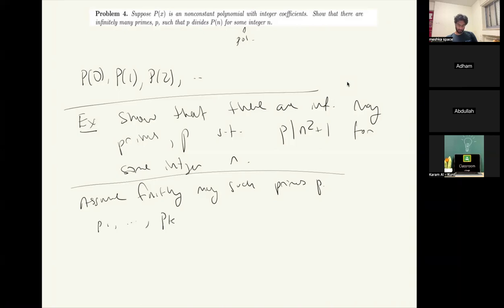Then we consider n equal to the product of all these. So you're saying take P of p1, p2, up to pk, which equals p1 p2 up to pk squared plus 1. And this must have a prime divisor, which will not be one of these. So that's a contradiction. Okay, great.